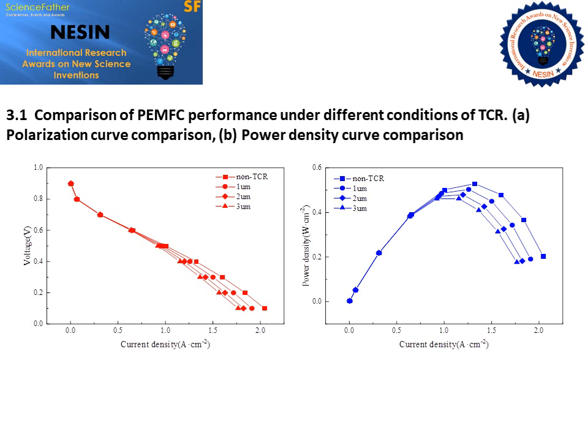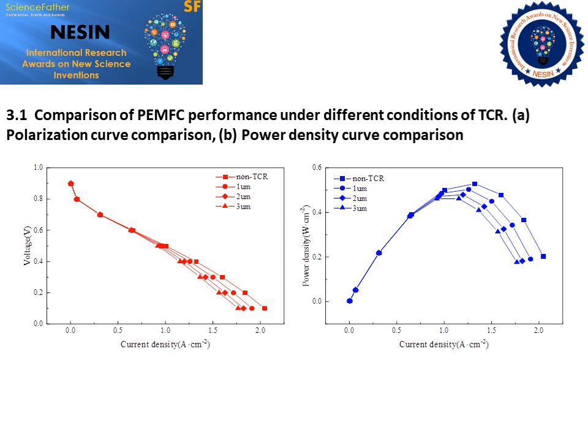The best performance of the ideal model without TCR can be found when the output cell voltage is below 0.6 V. The cell current density gradually decreases with increase of TCR between components, and the lower the output cell voltage, the faster the cell current density decreases.